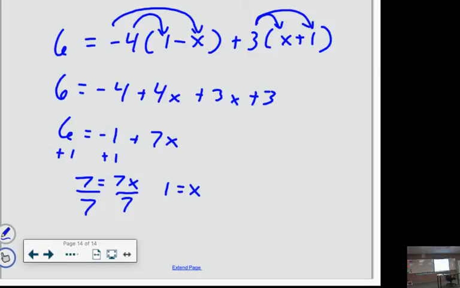And now let's get that 6 away from our 2y. There we go, getting happy. 2y is equal to negative 12.